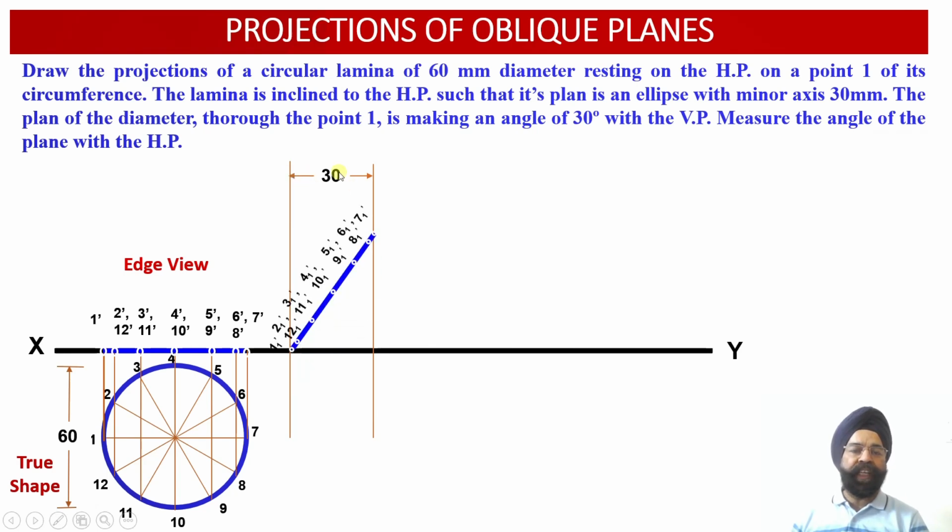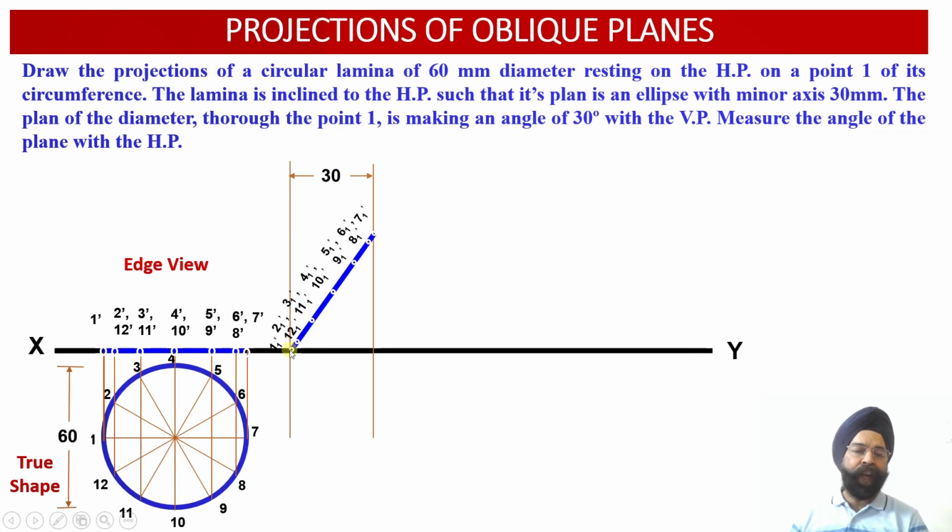So once we know the distance between the end projectors, now we can evaluate the angle of inclination of this edge view with respect to the horizontal plane. Now we can see that the distance between point 1 dash and 7 dash is available with us. So we will be measuring this distance 1 dash 7 dash, and we will be marking this distance between these two end projectors.